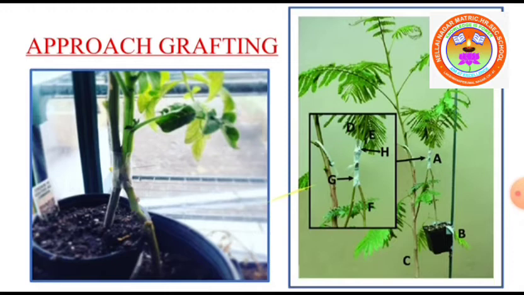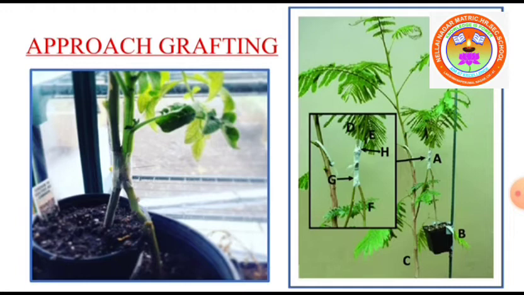Both of them should have similar thickness. You can see a small slice is cut off from both, and then the cut surfaces are brought near and tied together with the help of tape. You can see the stalk and CN are brought together, similar in size and shape, with a thin slice made on both.